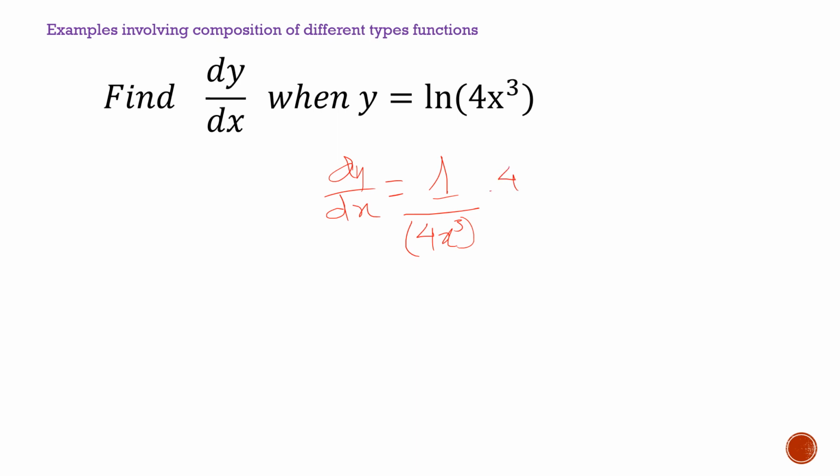So 4 times 3 times x to the power 3 minus 1, which will give us 1 over 4x cubed times 12, since 4 times 3 is 12, x to the power 2. Now x squared and x cubed, we can cancel out the x's here, and the 4 and 12, so we are getting 3 over x. That's my answer.